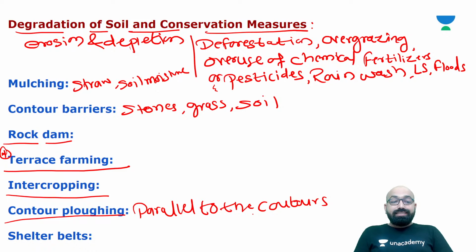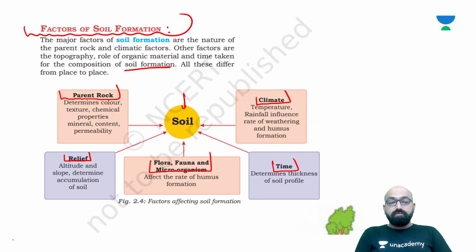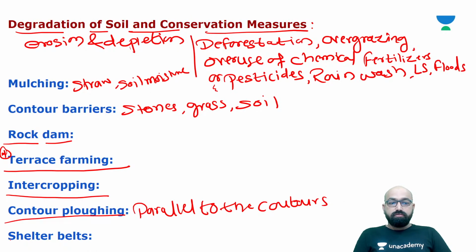And then shelter belts. In the coastal and dry regions, rows of trees are planted to check the wind movement to protect the soil cover.